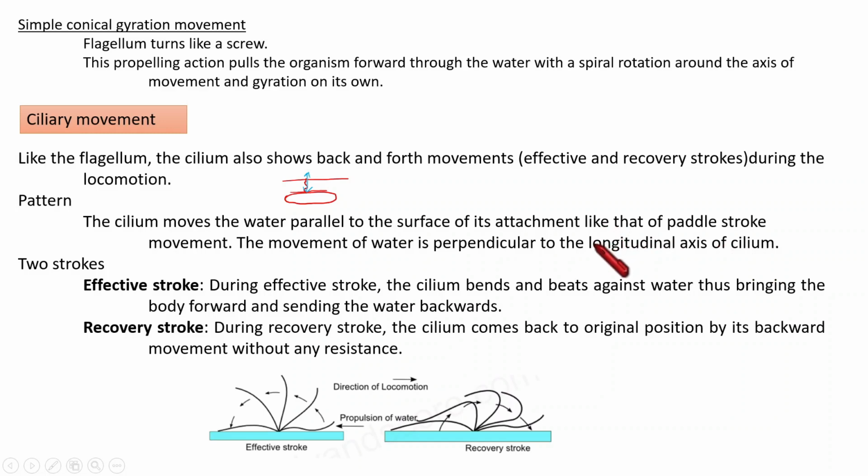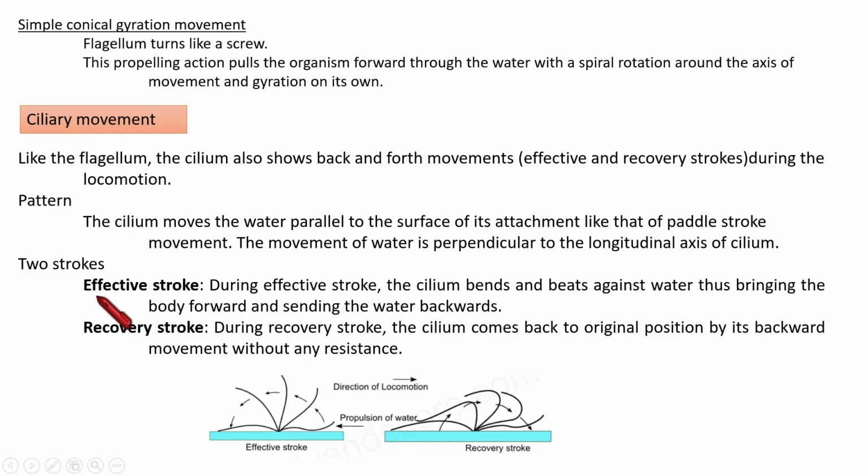In two ways, we are explaining the direction of movement of water by cilium. One, it is parallel to the point of attachment of cilium, but that movement is perpendicular to the longitudinal axis of the cilium. Clear, simple. So that's the pattern of movement of water by the cilium.